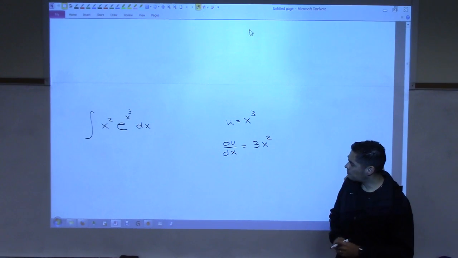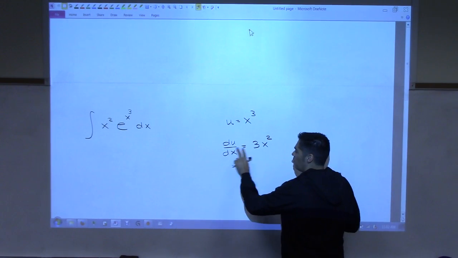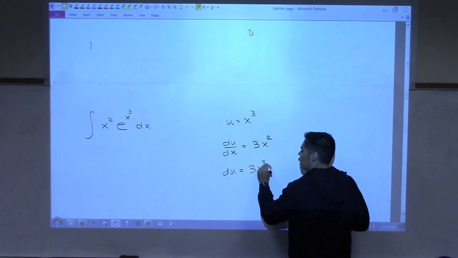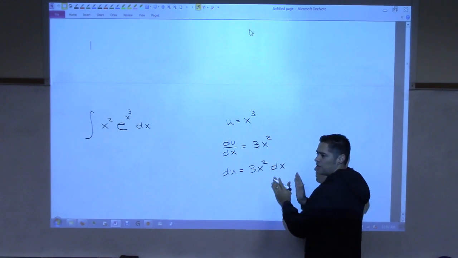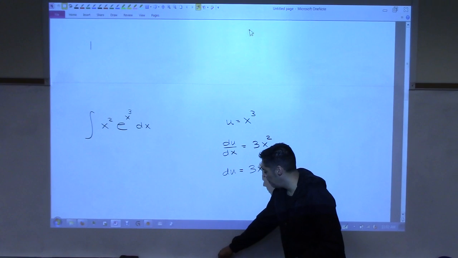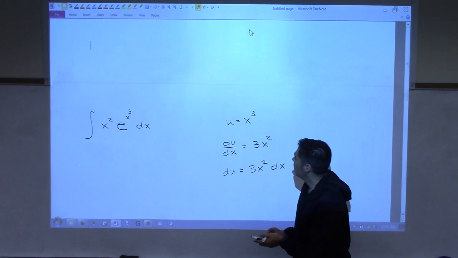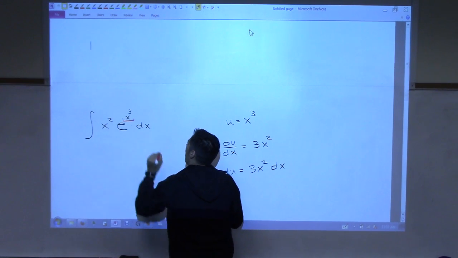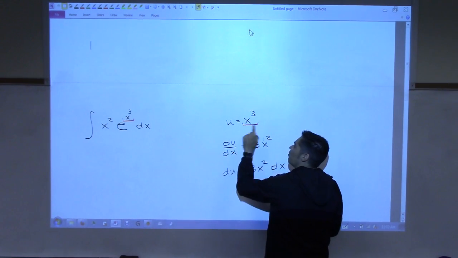And here's why. Once I clear out this dx, I'm going to multiply both sides by dx. Then I have this expression, right? And if I highlight the different elements of my integrand, I know that this x cubed, I will replace with u.